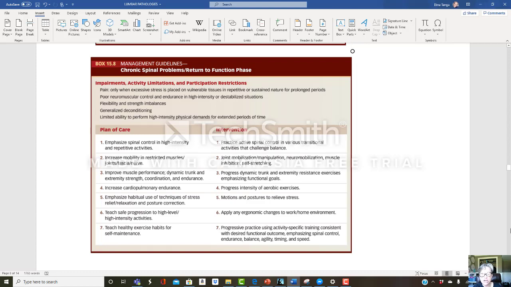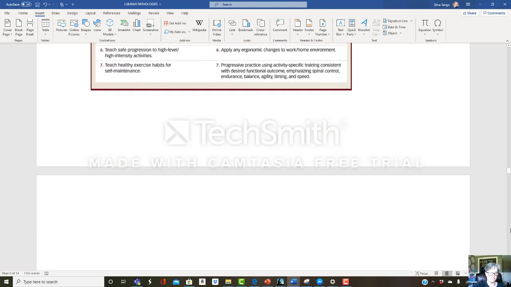Apply any ergonomic changes to work or home environment. Teach healthy exercise habits for self-maintenance. Progressive practice using activity-specific training consistent with desired functional outcome, emphasizing spinal control, endurance, balance, agility, timing, and speed.